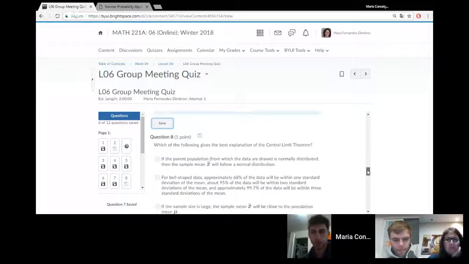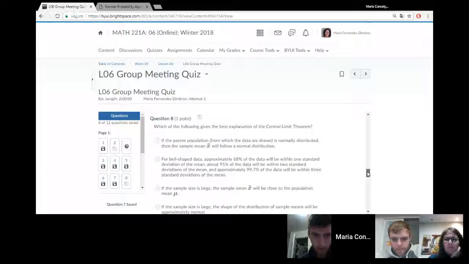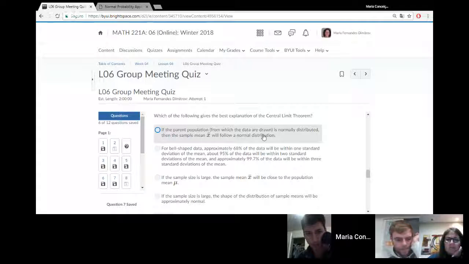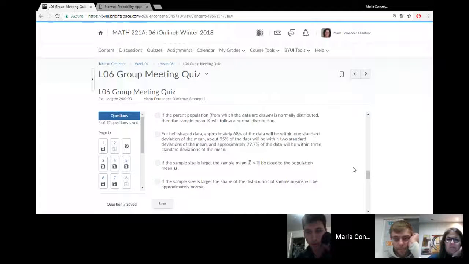Which of the following gives the best explanation of the central limit theorem? If the parent population from which the data are drawn is normally distributed, then the sample mean will follow a normal distribution. For this one, I think it's the last one. It says if the sample size is large, the shape of the distribution of the sample means will be approximately normal.